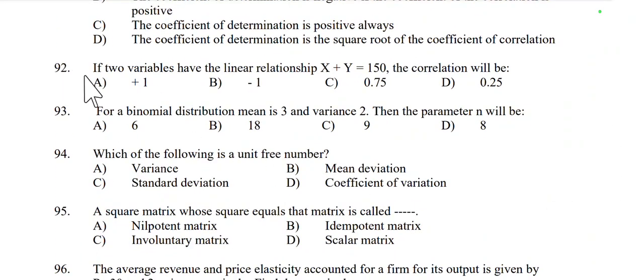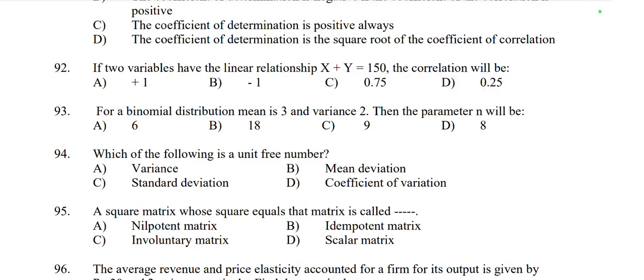Then question number 92. If two variables have a linear relationship like x plus y is equal to 150, the correlation will be: plus 1, minus 1, 0.75 or 0.25.